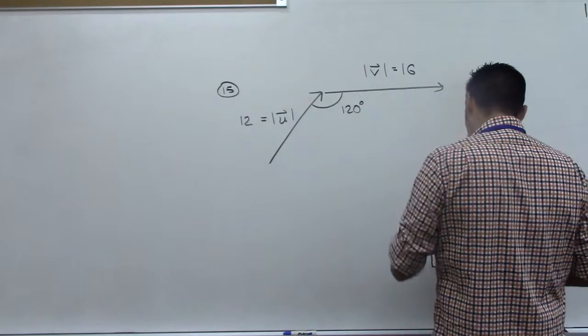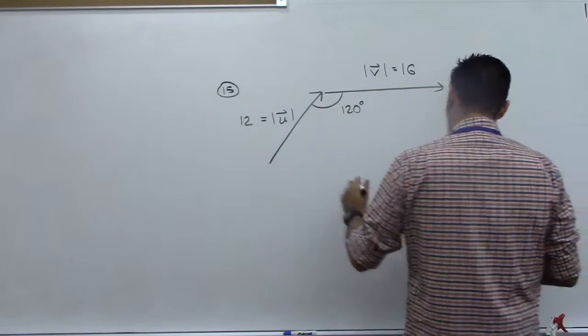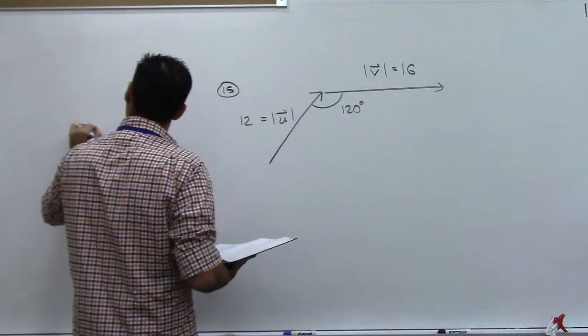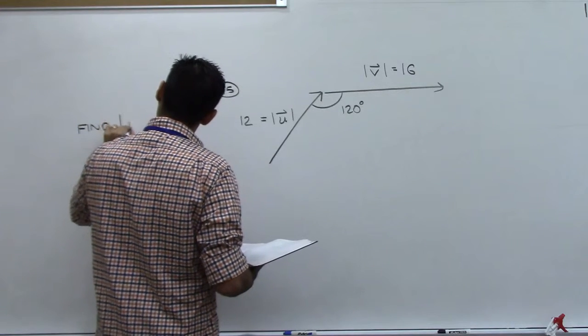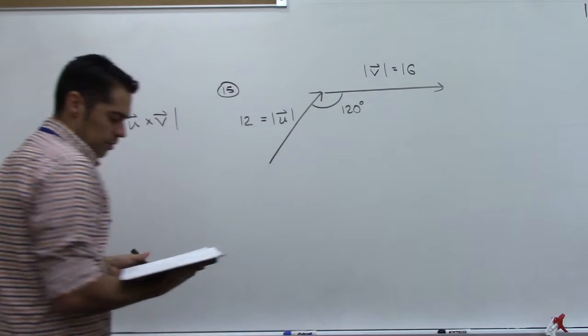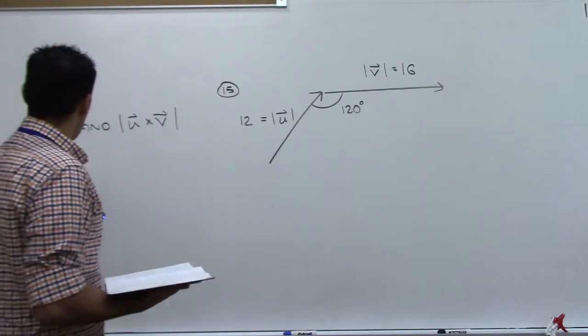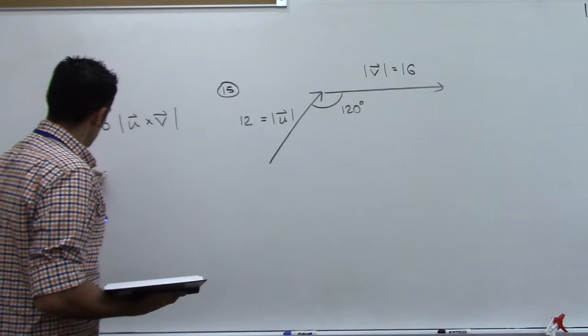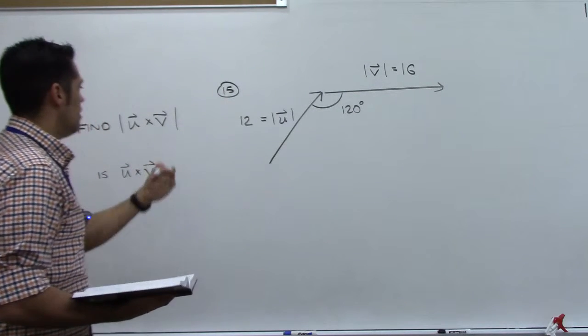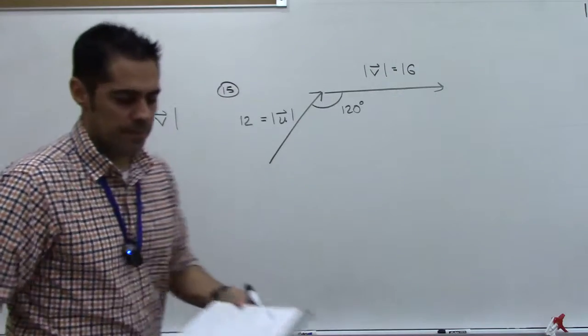They ask you to find the magnitude of u cross v. And then they also ask, is u cross v coming out of the page or into the page?